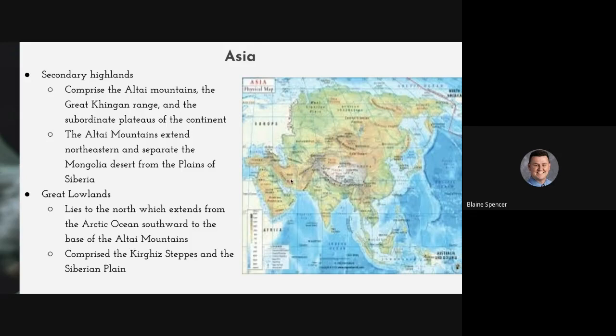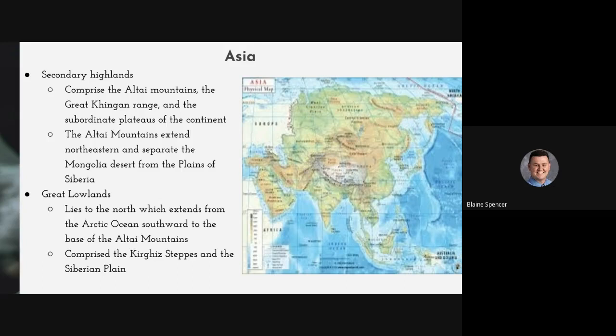These mountain ranges are moving in three directions towards the center: northeast to the center, southeast to the center, and southwest to the center. They're all going to converge in this general area. Those are the primary highlands.